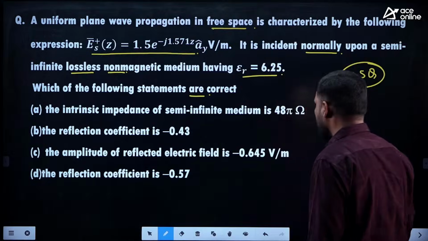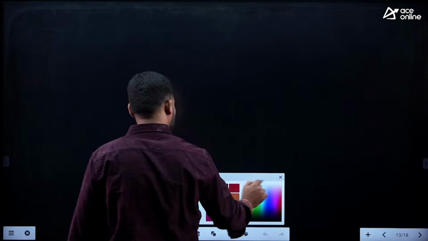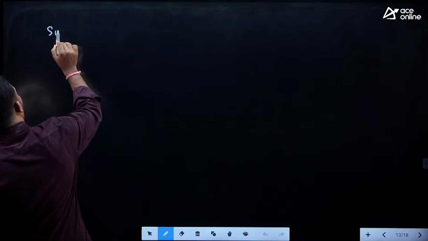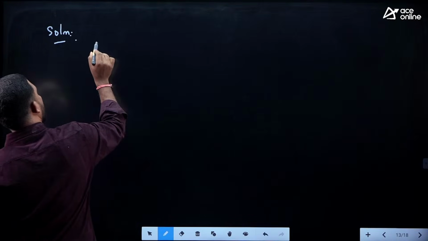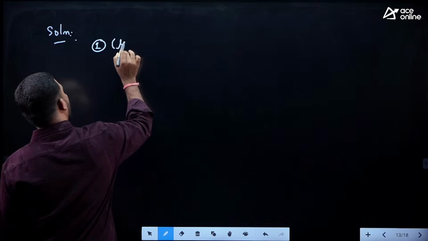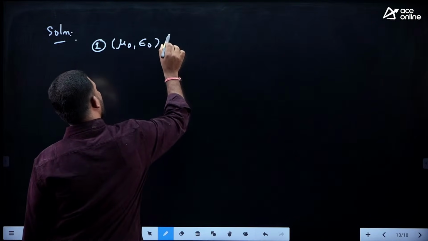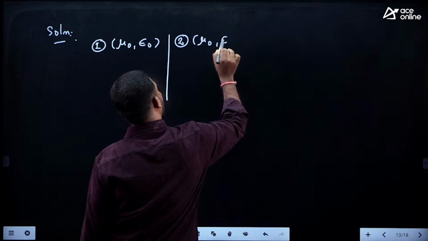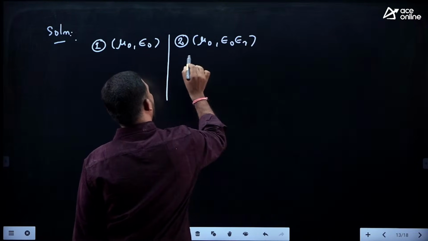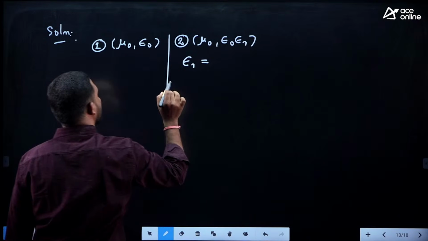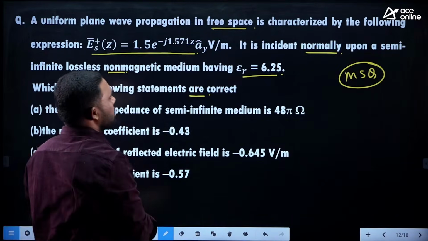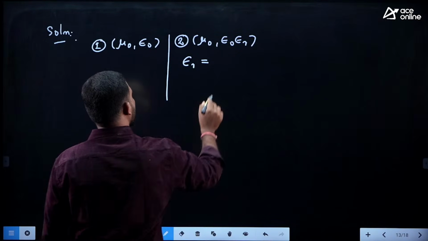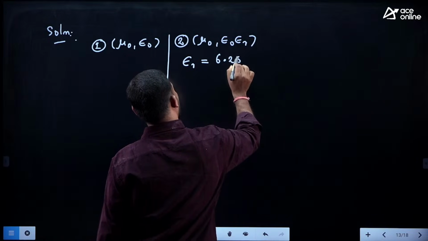Okay, guys, let me turn the page here. Let us draw a rough diagram. The wave is traveling in free space whose parameters are mu naught, epsilon naught. In medium 2, mu naught, epsilon r, and epsilon r is given as 6.25.